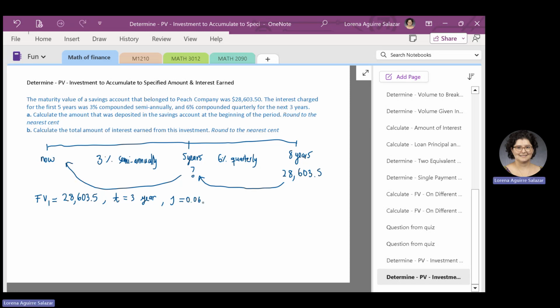The periodic interest rate turns out to be that nominal interest rate divided by the compounding frequency. And because interest was compounded quarterly for 3 years, the compounding frequency in those 3 years was 4. So we take 0.06 divided by 4, and we get 0.015.